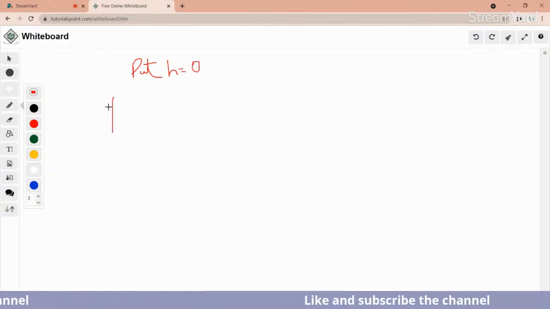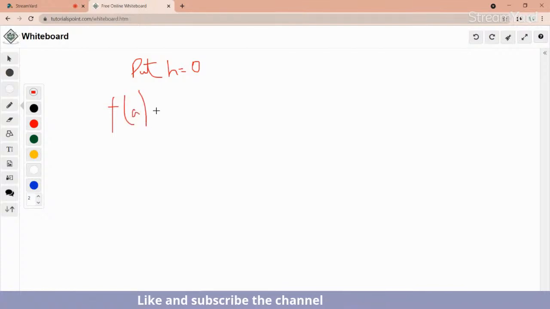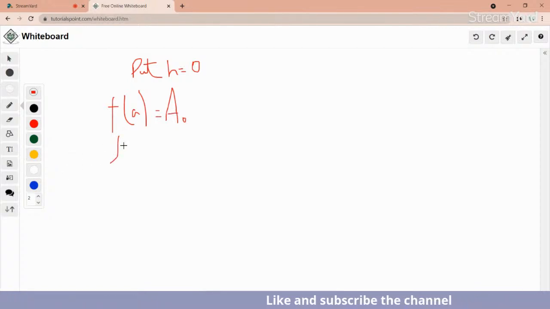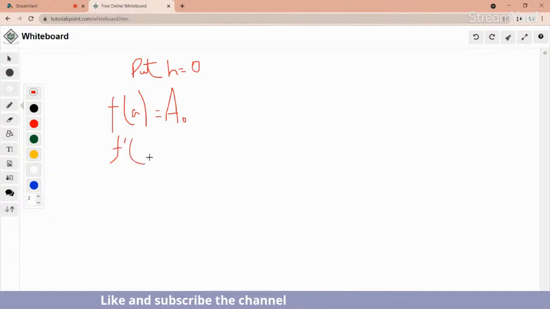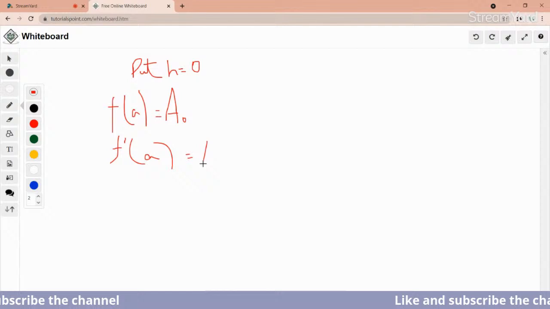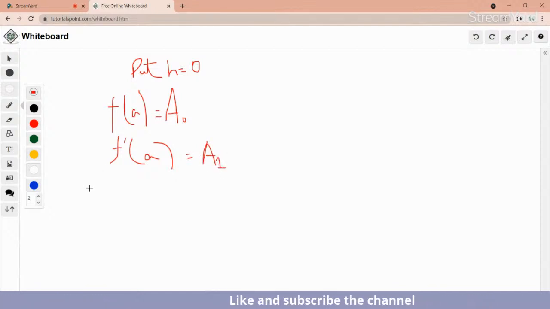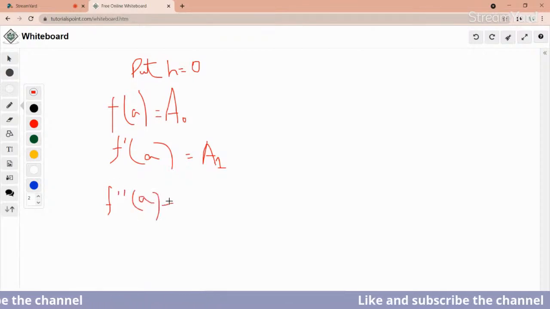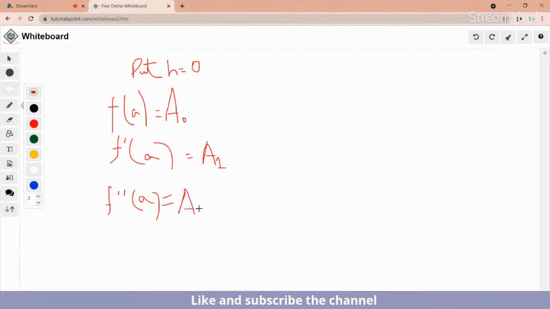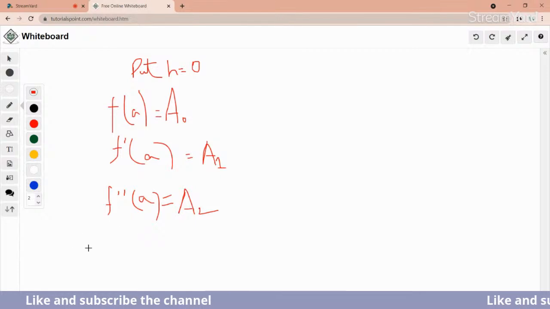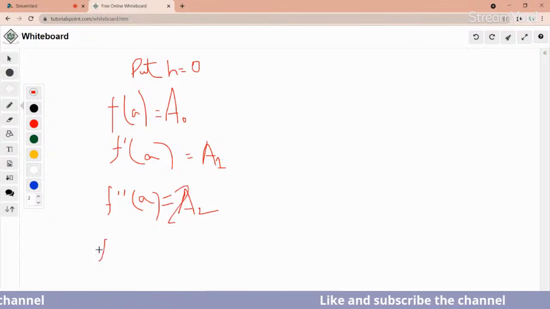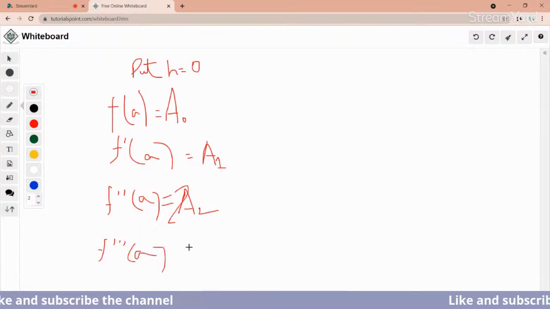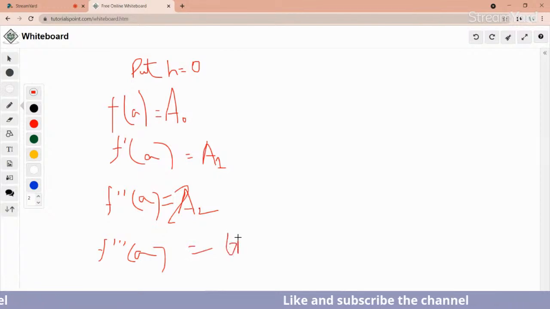So let's see, f of a will be a naught, f dash a will be a1, f double dash a will be 2a2, and f triple dash a we got 6a3.